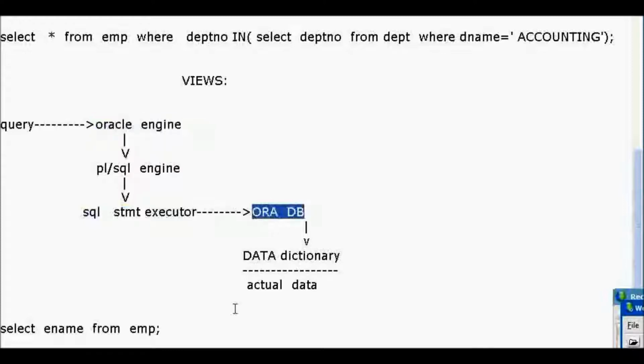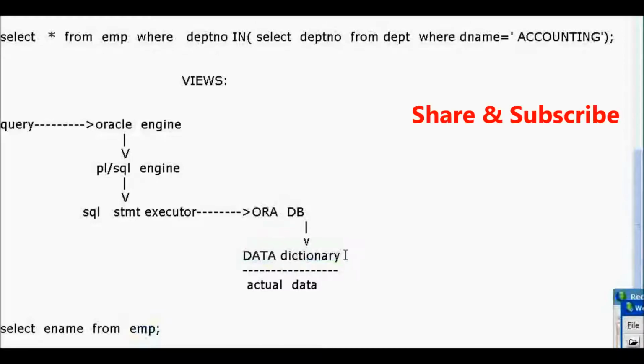So in this database, first it will verify whether the EMP table exists or not. The existence of the object is checked in the data dictionary only. So what is the data dictionary? It contains metadata. What is metadata? Data about data.